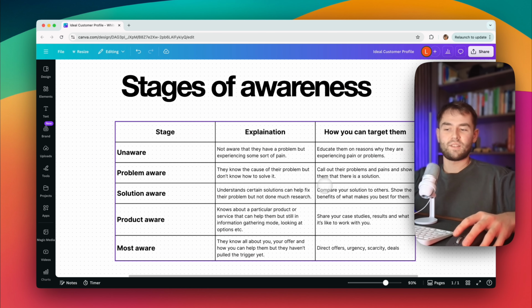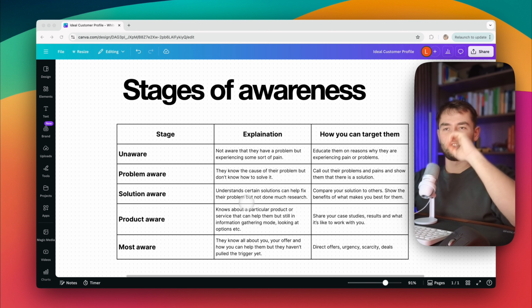Okay, so people who are solution aware, they understand that certain solutions can help fix their problem, but they haven't done much research into it. And by the way, guys, when I say solution aware, problem aware, let's look at weight loss, for example.